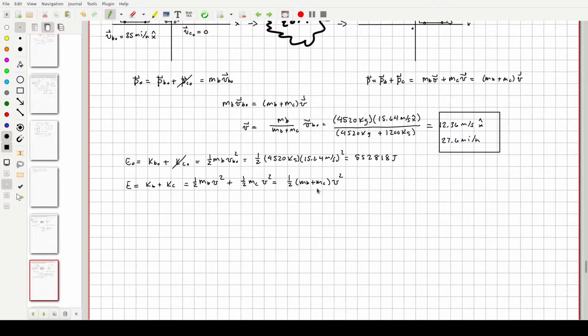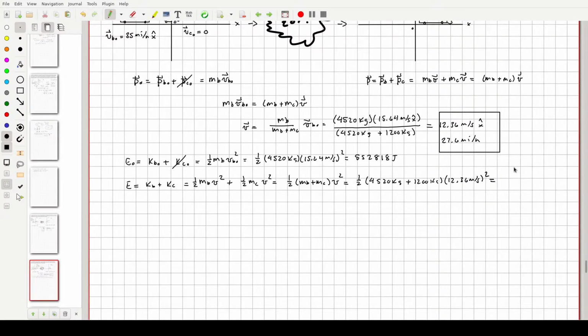Now, after the collision, 1/2 times the mass of the bus plus the mass of the car times the velocity squared. Now, what's the velocity? Well, after the collision, it ends up being 12.36 meters per second.